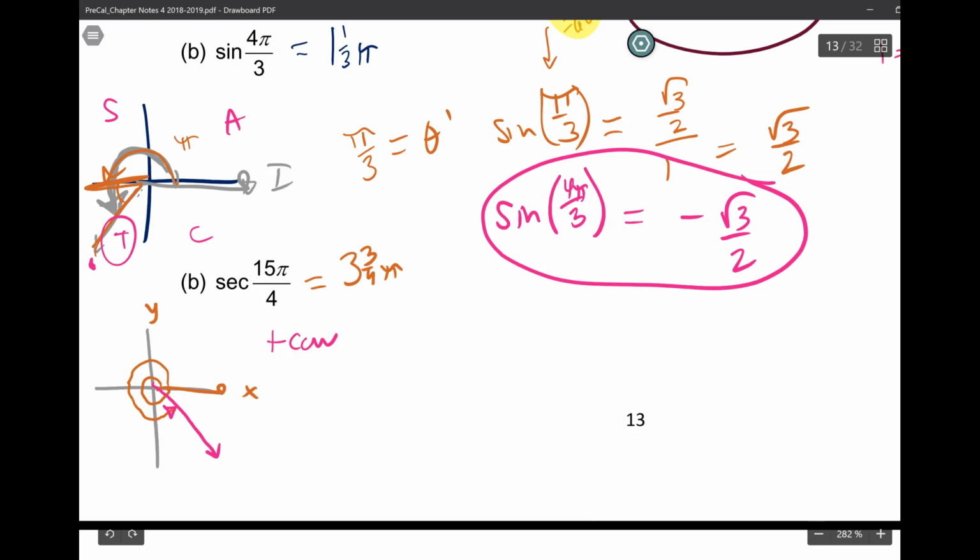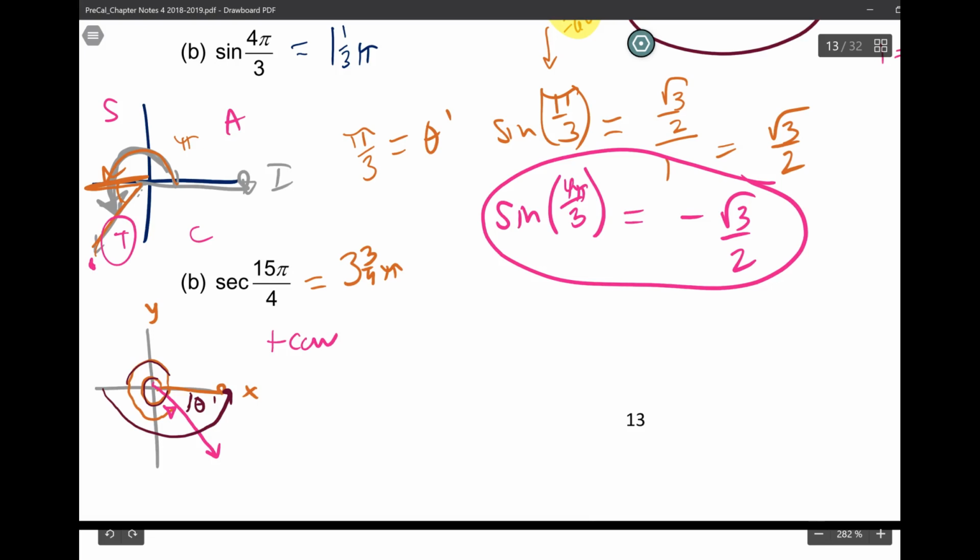So lastly, let's find our reference angle. That's going to be this guy right here. So how do I know what this angle will be? I kind of told you already. We did 2 pi, and here's 3 pi, and now this last part from this axis to this one has to equal pi.